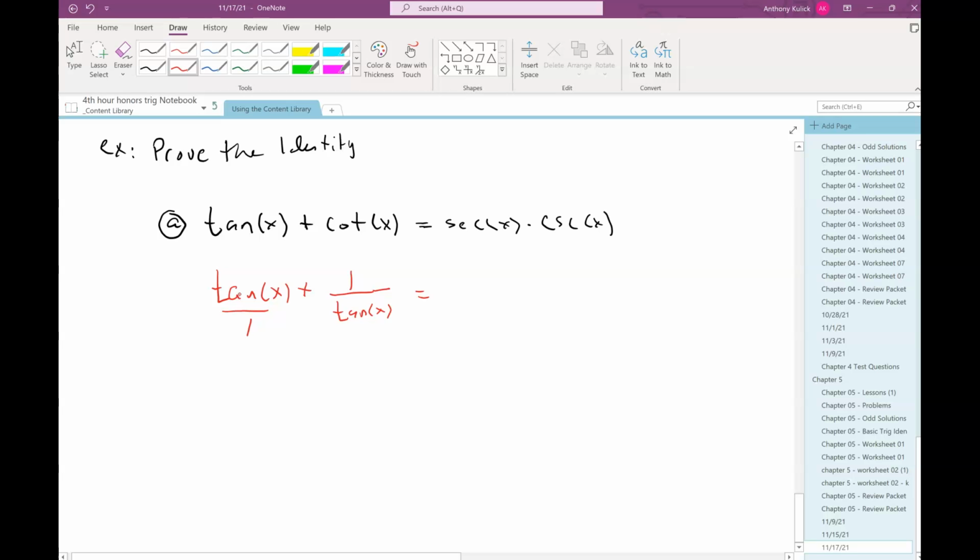So the common denominator here would be tangent, right? So you can say that.